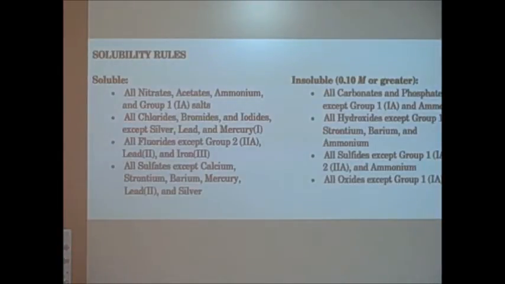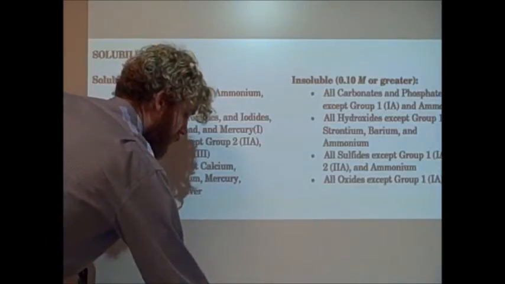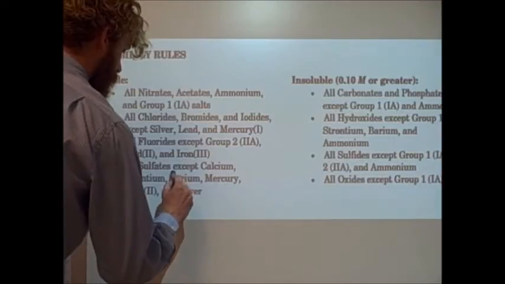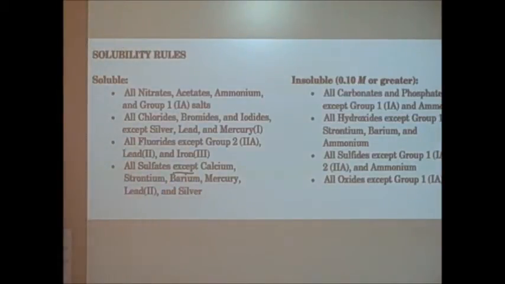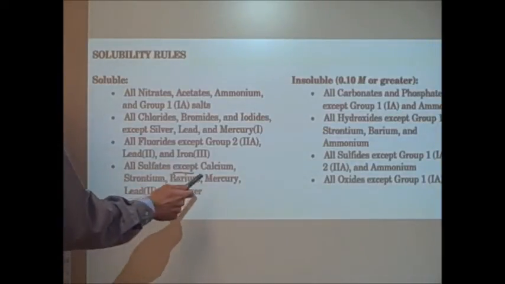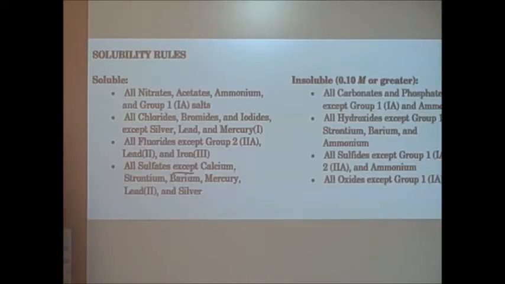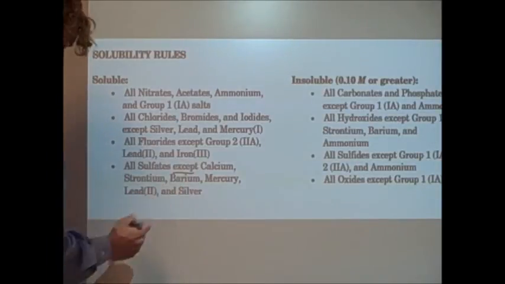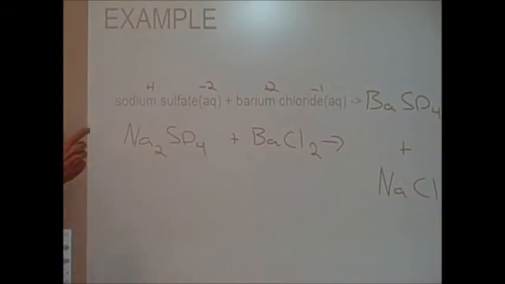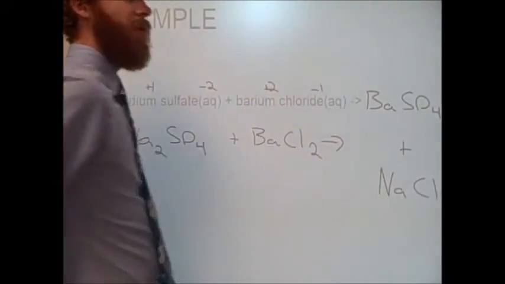When you're looking at these, some things that you have to look at are the exceptions. If you notice, all sulfates are soluble, except calcium, strontium, barium, mercury, lead, and silver. Well, lucky for us, we have barium sulfate over here.